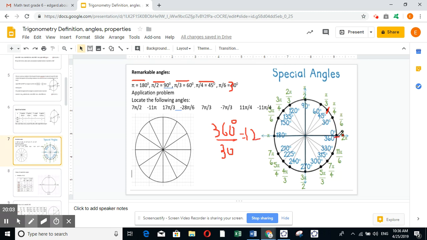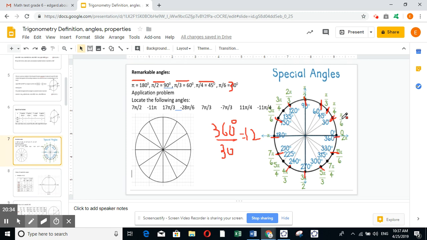If you start here at the origin, this is the first 30, this is the second 30, this is the third 30, 4, 5, 6, 7, 8, 9, 10, 11, 12. So you can move 30 plus 30, 60, plus 30, 90, 120, 150, 180, plus 30, 210, 240, 270, plus 30, 300, 330, 360.